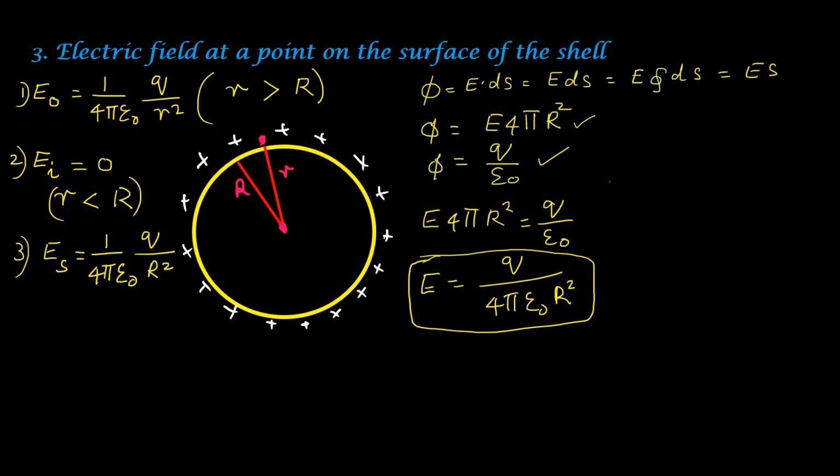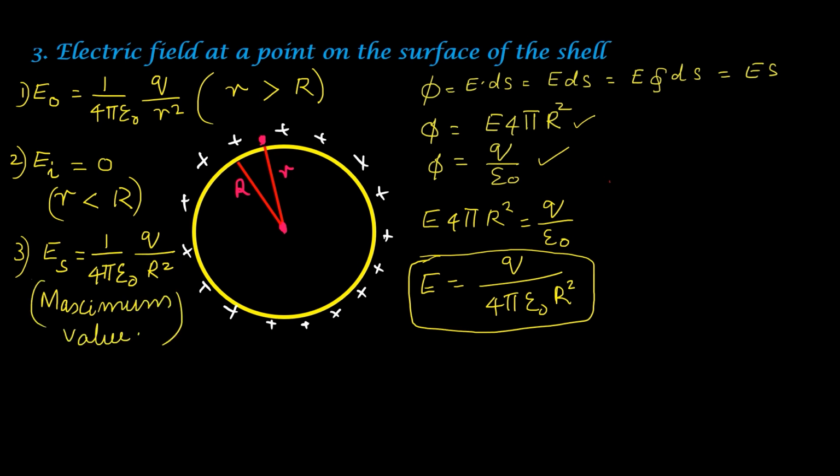You should be very careful with this R. Here small r is equal to capital R. Small r in the first case is greater than capital R. So the value of electric field outside the charged shell will be less than the electric field on the surface of the shell, because capital R, that is the distance of the point on the surface, is much less than small r in the first case. So maximum electric field is on the surface of the charged shell.